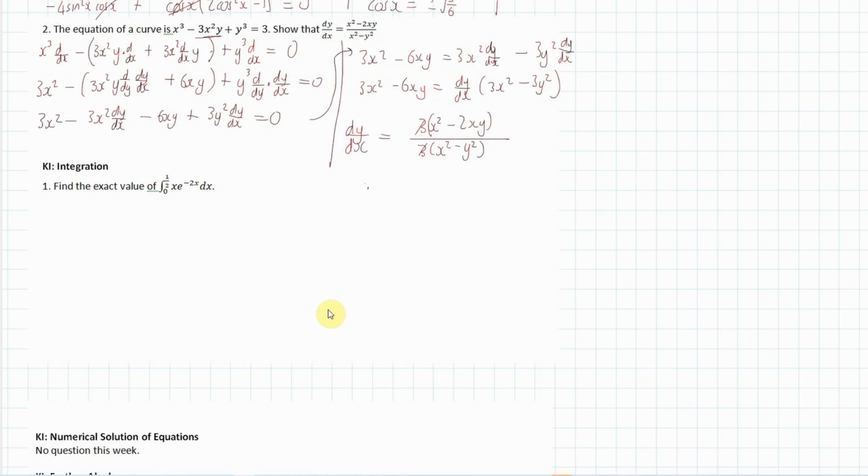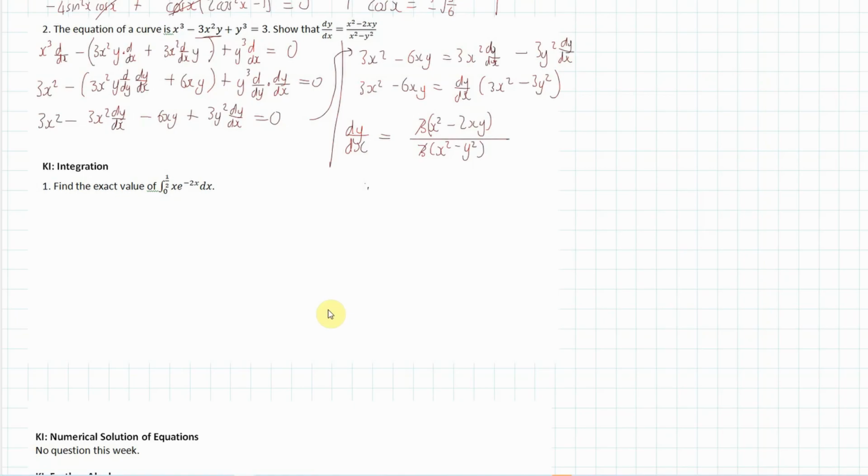Okie dokie, so the next one we are trying to do integration, and we've got to find the exact value of this here. Now you can see that we're going to use integration by parts.